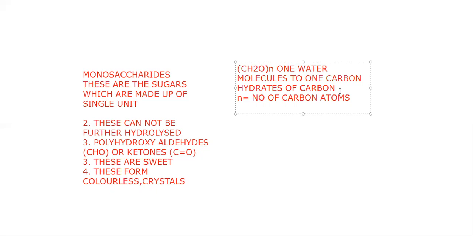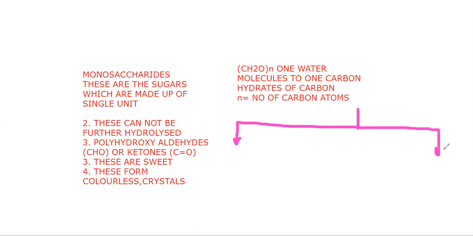So depending upon this, monosaccharides can be divided into two categories on the basis of their functional groups. Write down two categories depending upon functional groups.